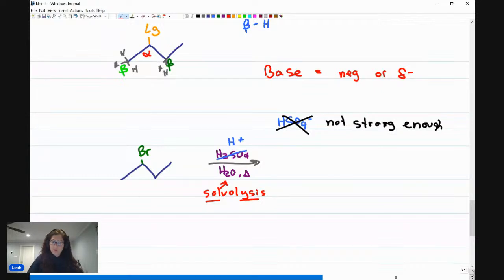The first step, though, is nothing to do with the base and everything to do with the fact that bromine is a leaving group. Let's make this a faster reaction, so I'm going to make it more substituted, and I'll talk about this soon when we compare and contrast. In a situation like this, I have bromine, which is a highly electronegative atom. And even though it's covalently bound to carbon, even though it seems to be happy, bromine is greedy.